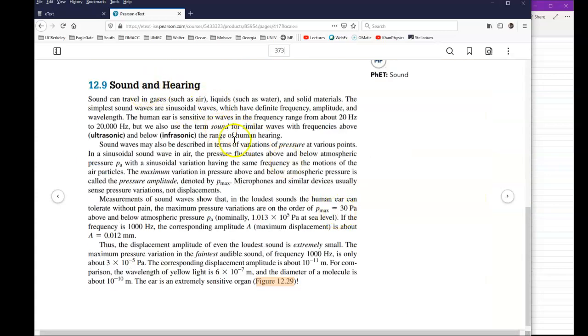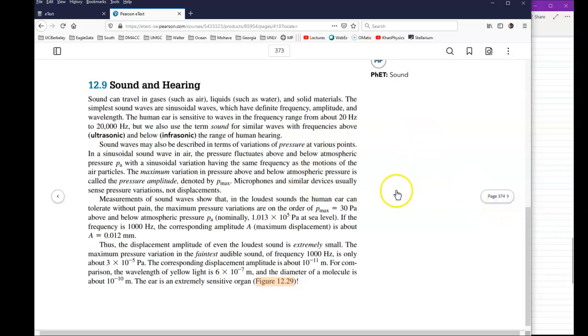Right here, sound and hearing. I'm sure you're going to find this interesting, especially for those of you majoring in the medical field like nursing or medicine. This would be a very interesting topic for you. Before I talk about that, I want to talk about what we call the sound intensity. Oh, it is actually the next section.